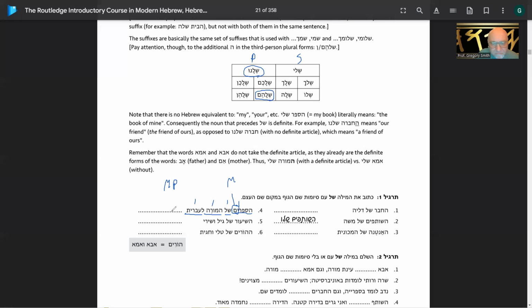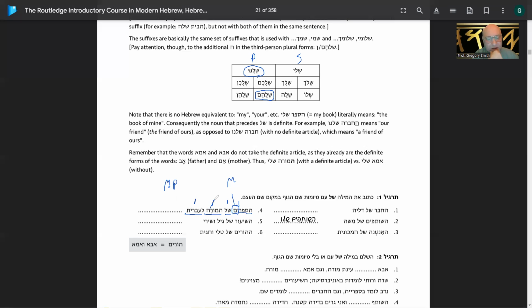Sefarim, Shel, Hamore, Le'ivrit. So these are the books. See how it's the books belonging to the teacher, Hamore, Le'ivrit, in Hebrew. So these are the Hebrew books belonging to the teacher. It's like their books.